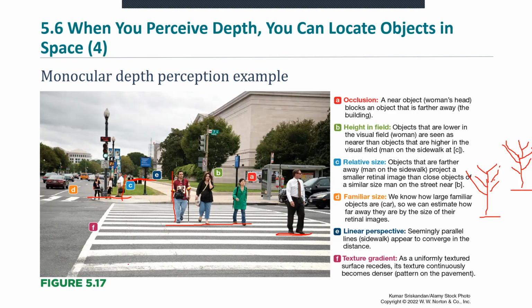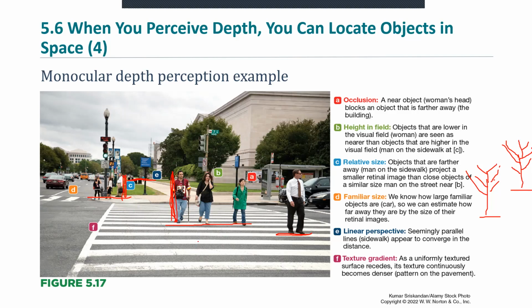But we assume they're about equal in height, and this guy has this much height that comes into our retina, while this guy has much smaller height, so he must be further away. These are about the same size because they're both adult men, and yet this one projects a much bigger image than the guy in the white shirt, so the guy in the purple shirt must be closer.